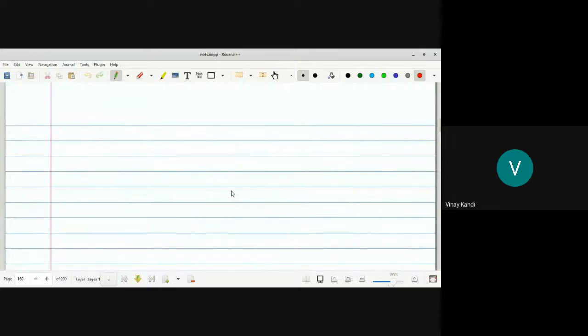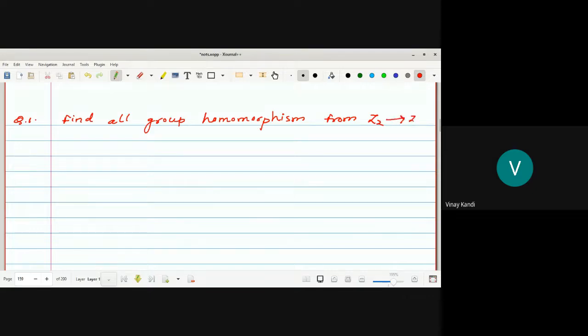First example. Question number 1: find all group homomorphisms from Z2 to Z4.